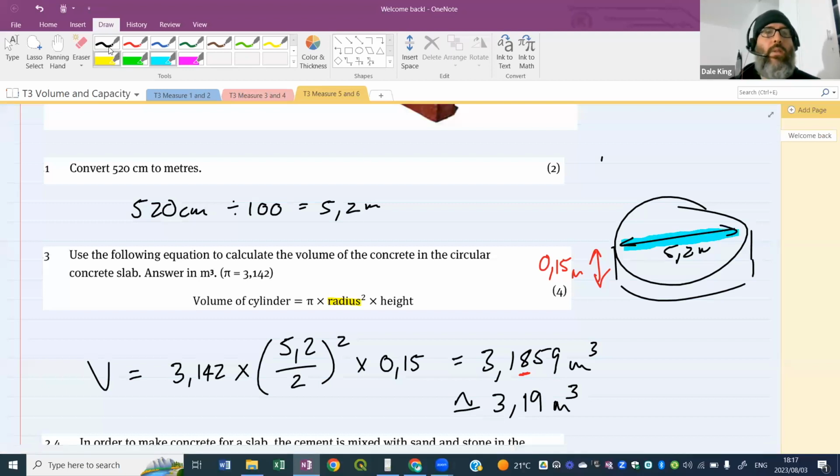That blue line in our diagram? It's a diameter. So the diameter must be cut in half to get the radius. That's why we're dividing the 5.2, the diameter, by 2. We must cut it in half. So we divided the diameter by 2. There's our volume of our concrete slab.